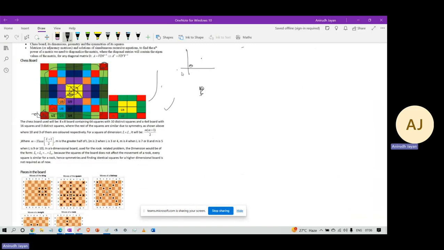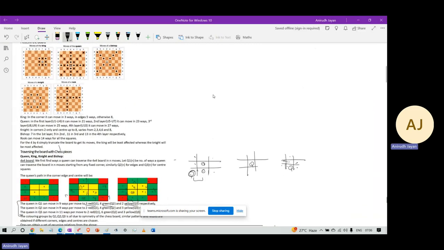For a knight as well. So a constant number of moves can be subtracted such that every piece can move freely up till a certain number of moves, say n minus 20, and the remaining 20 moves it can move for the fixed square.